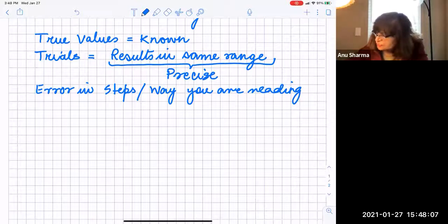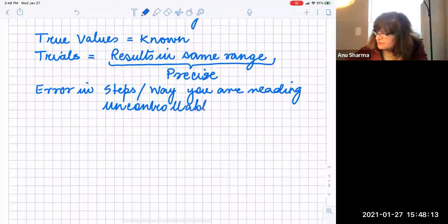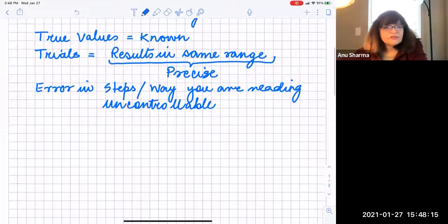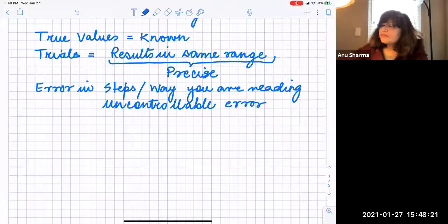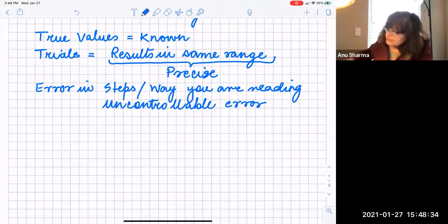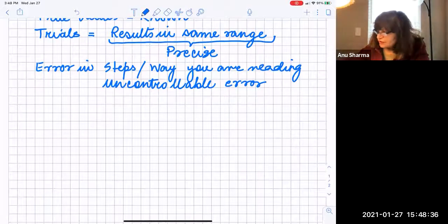Uncontrollable errors also happen. Like maybe the person who made the solutions made a mistake, or maybe there was some error in making the experiments. We have lab assistants who make the labs ready for the students. So maybe there was an error there. They put the wrong solution, so you're now reading off of the wrong one. So there are some uncontrollable errors also.